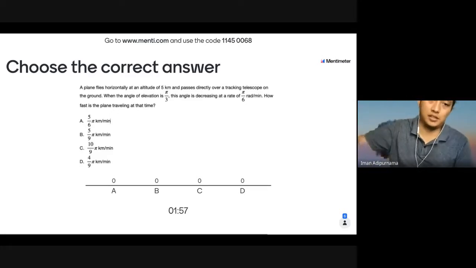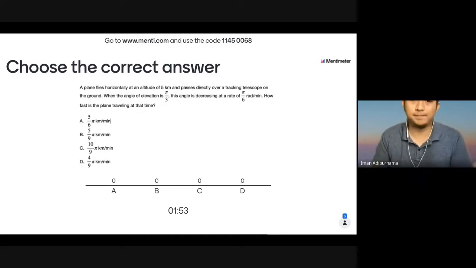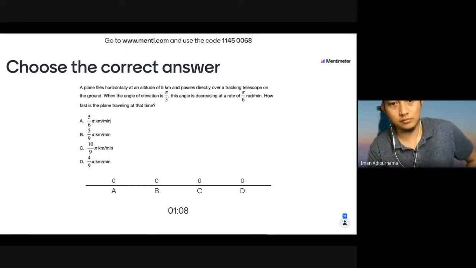You are asking how fast the plane is traveling in the horizontal direction. If your distance is x, that means dx over dt. Around 1 minute.